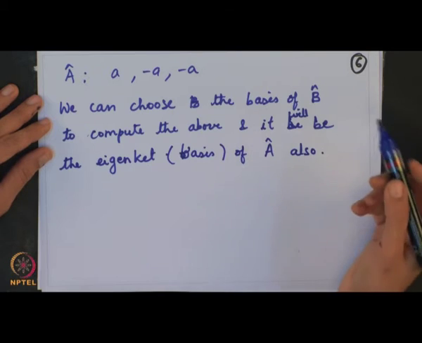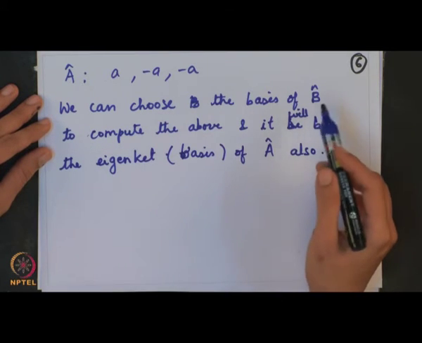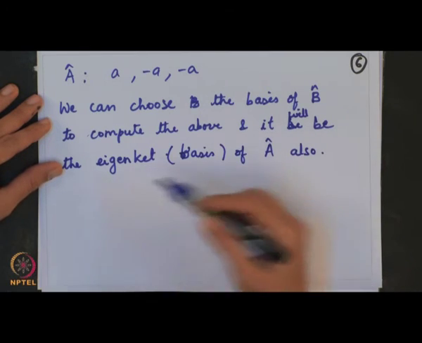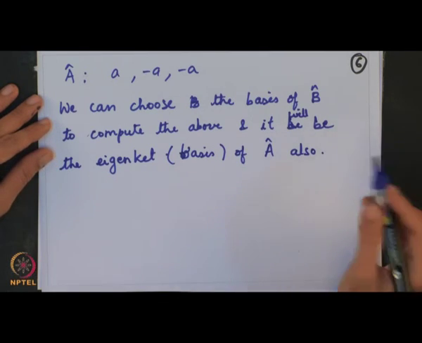So, if A and B commute and if you choose a basis for B, then automatically it will become a basis for A also.